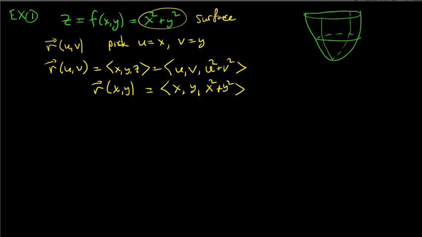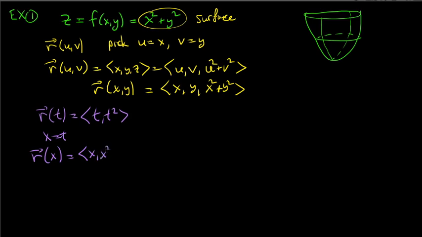In the same way that for a curve, you can represent, let's say, a parabola. It would be t squared. But here, x is t, so we could have just used x as our parameter and just use x squared. So there's nothing wrong with that.